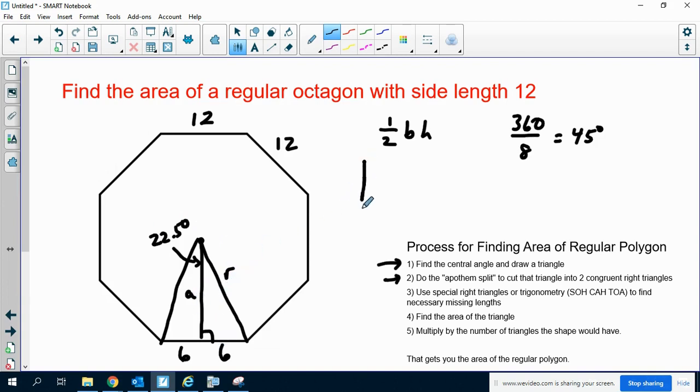apothem. I'll redraw this right triangle. So this is an A. This is a 6. And this is a 22.5.